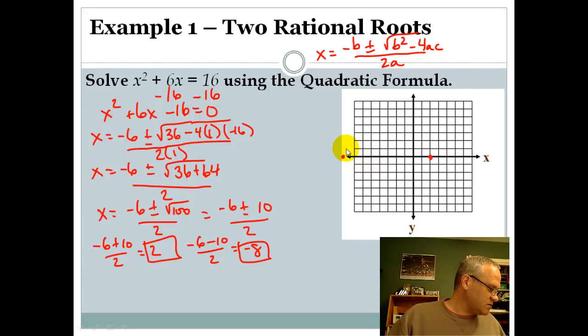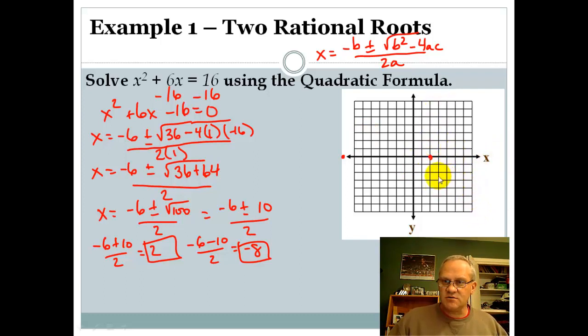And if I can get this here, x squared plus 6x minus 16. Just going to see if I can get anything else that's good there. You got negative 8, 0, and well, it looks like most of these other points are going to be kind of off our chart here.